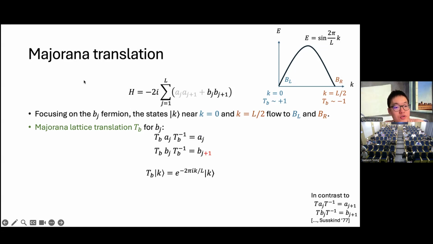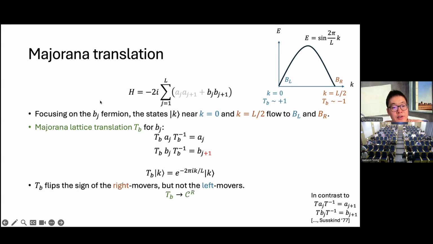Now, a translation operator, when you go to momentum space, becomes diagonalized and it acts by a phase. When k is close to this end of the Brillouin zone, it acts as +1. Whereas if you are halfway through the Brillouin zone, k is L/2, and if you substitute that into this phase, you get a -1.